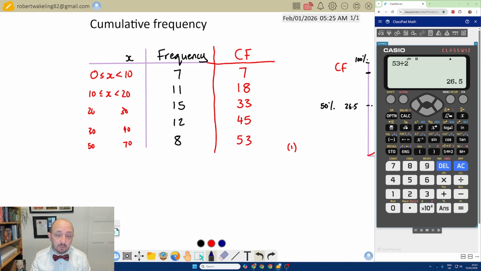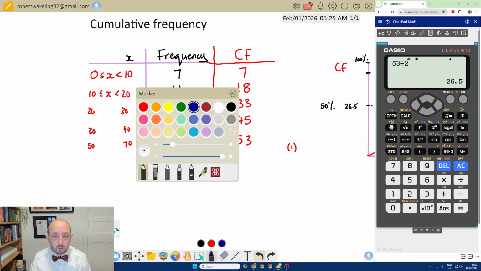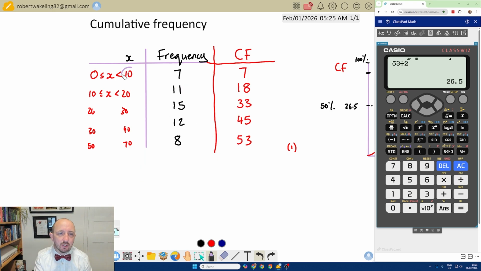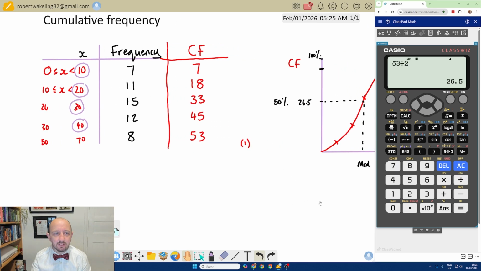But essentially with cumulative frequency, all we want to do is be interested in the highest value. When we're plotting this, we're going to do 10 and then 7 on the y-axis, 20 along the bottom, 11 up, or 18 up in this case, sorry, with the cumulative frequency.